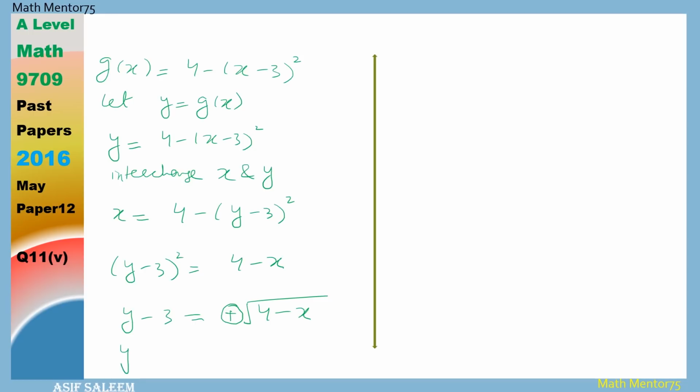So y equals 3 plus the square root of 4 minus x. Now y is the subject of the formula, so therefore g inverse of x equals 3 plus the square root of 4 minus x. This is our required inverse function.